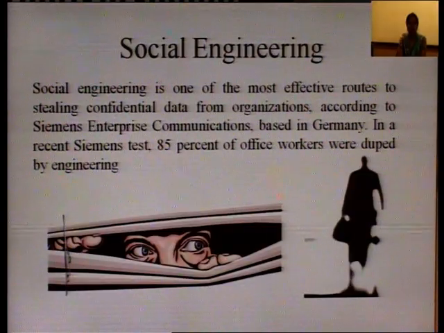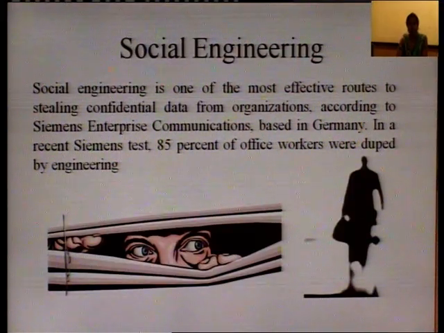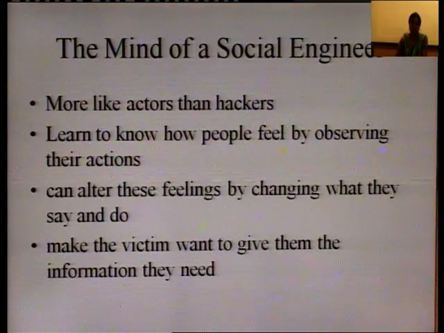According to Siemens Enterprise Communications, based in Germany, in a recent test, 85% of office workers were duped by social engineers. It means they come to you, become your friend and say, oh, you're very nice, you're very good, and with their polite behavior they take out your very sensitive information and use that information for unauthorized access. This is known as social engineering.